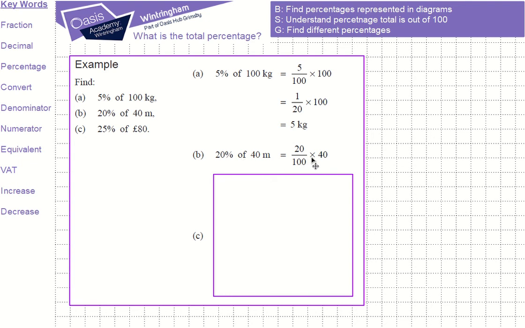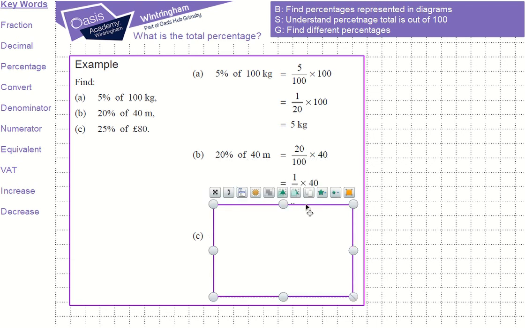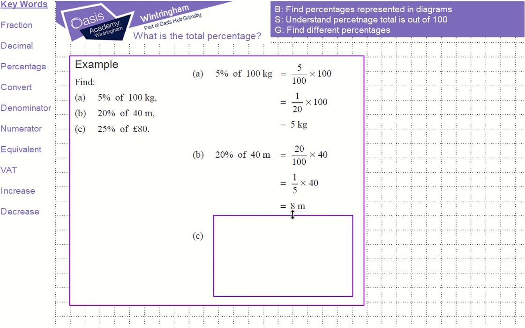Of will become multiply and 40. 20 over 100 multiplied by 40. 20 over 100, both of those numbers divide by 20, and that will become a fifth. Now we have a fifth multiplied by 40. And our final answer will be 8.